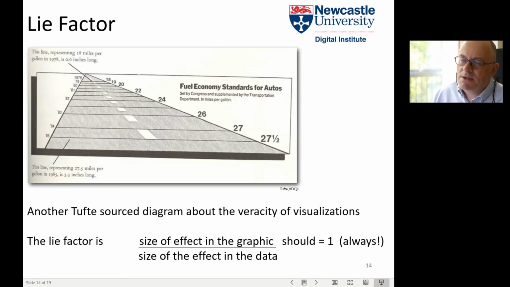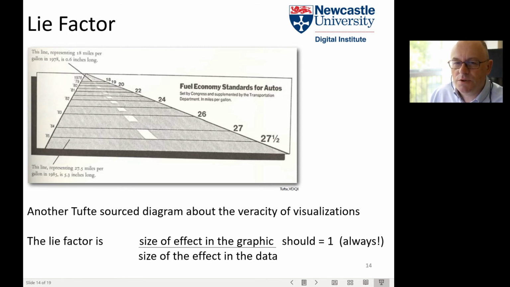A second factor that has come to be used in the visualization literature and discussions about visualizations is the lie factor. And this comes up time and again in different ways. The lie factor is when you have a piece of data, its size in the image should be the same as its size in the data.